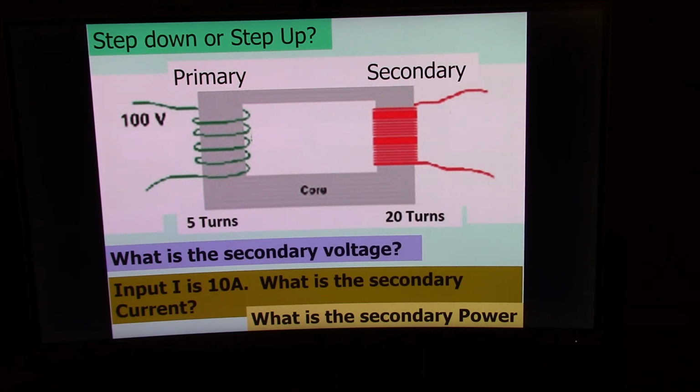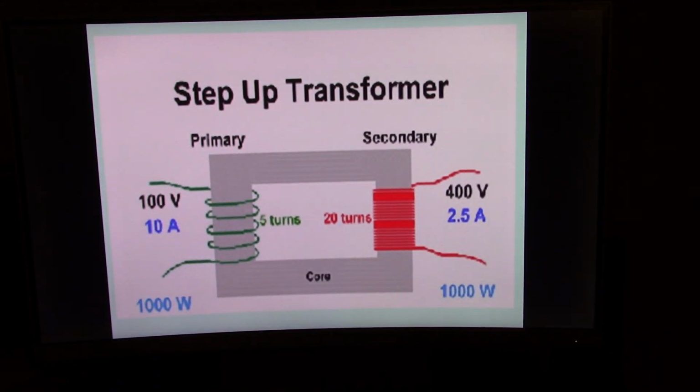There's usually some kind of loss in these things, but it's a very, very small loss. So here we talked about power before this, so it's 10 amps here, it's 2.5 amps here. So we have 100 volts input, 400 volts output. And the power is 1000 watts input and 1000 watts output. The power will not change between the input and the output.